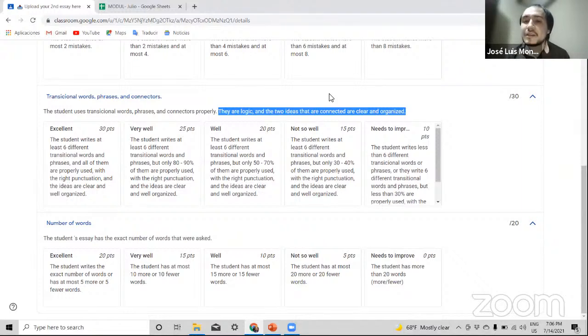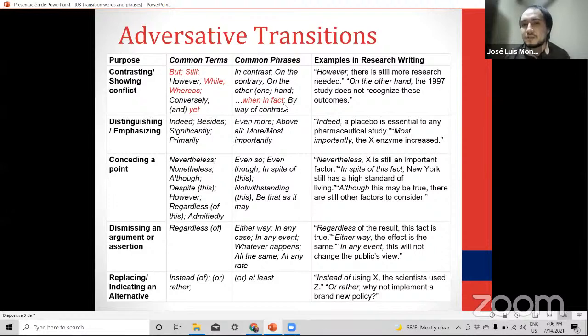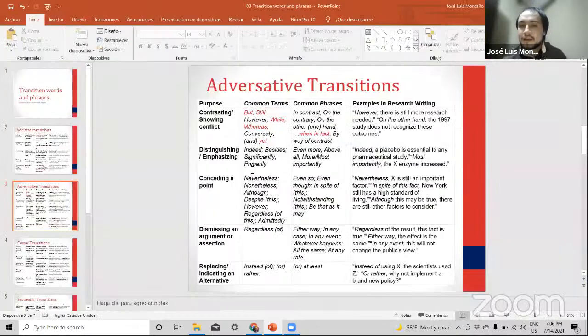It means if you use transitional phrases, the ones you have here, but you are using the contrasting words and you're not talking about contrast, you're adding information, then it's not going to be correct, right? Or if you're using these transitional words, but the way you are writing the sentence is not clear at all. I don't understand what the subject is, or the complement is too confusing.